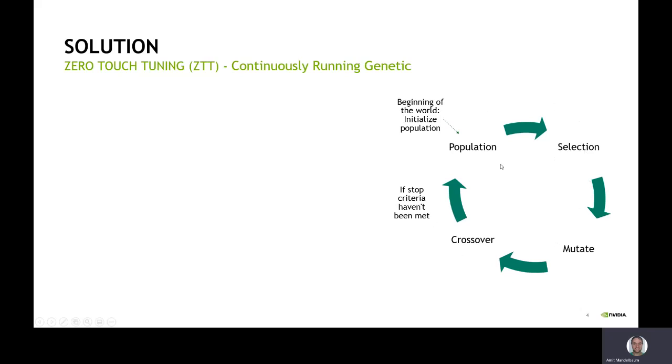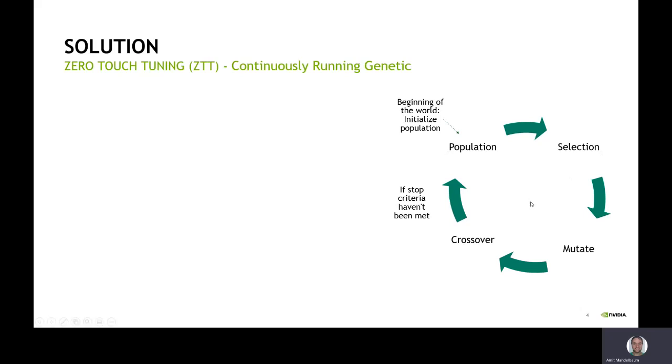A genetic algorithm has four basic stages. The first one is the creation of a population, which is usually done in the initialization of the algorithm. Then we calculate some fitness score for all the population and select the top performing subset of individuals to continue to the next stage.